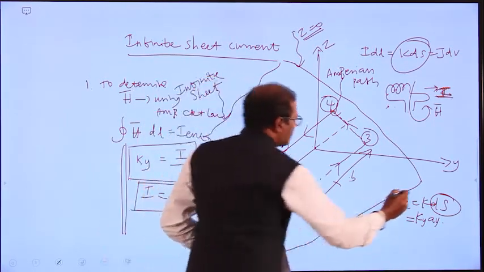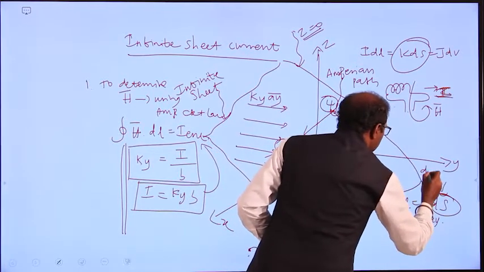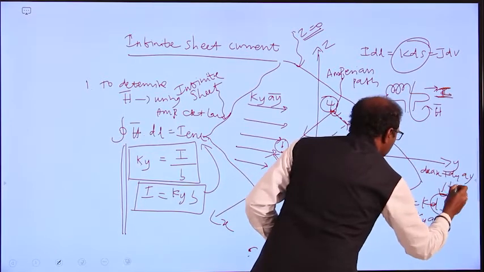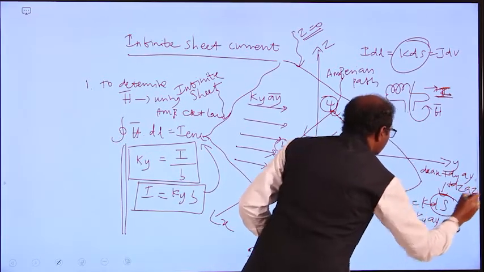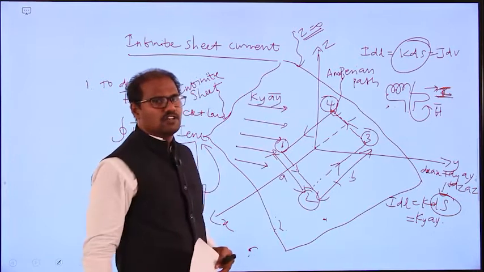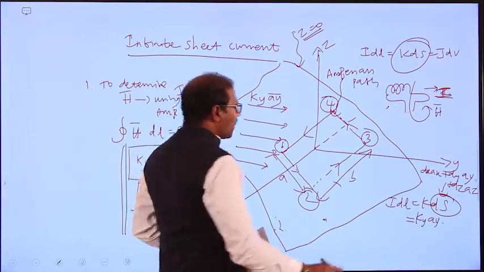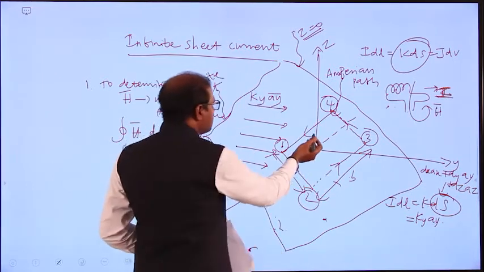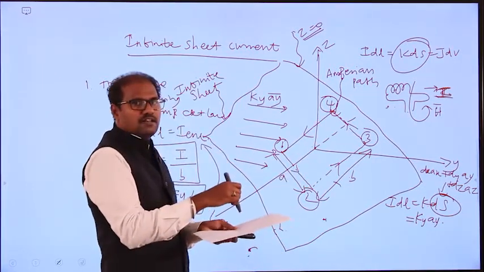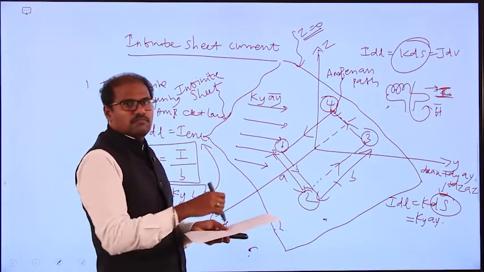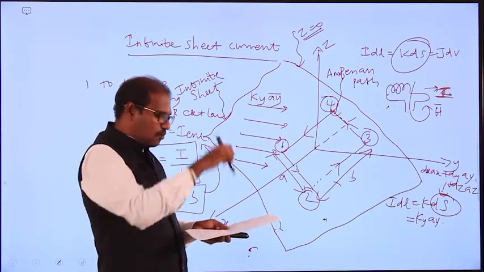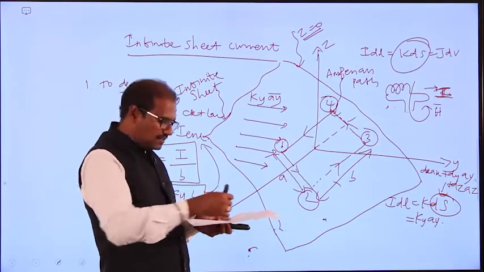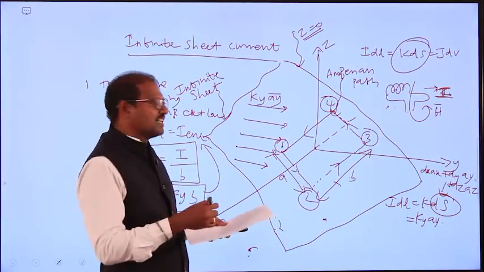People write dS as dx ax plus dy ay plus dz az. Now what is meant by dx? Here the magnetic field intensity around the sheet, above the line and below the line, the x component and z component will come.